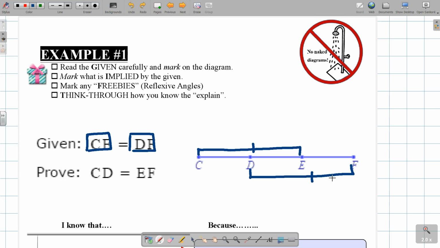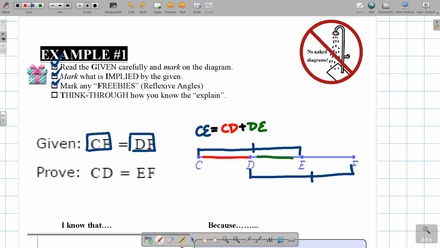Implied and freebies. It's implied that CE is made up of CD plus DE. That's implied because little segments add up to big segments.